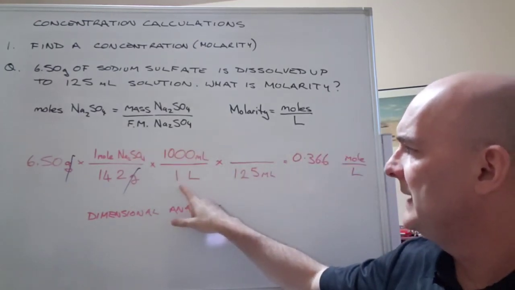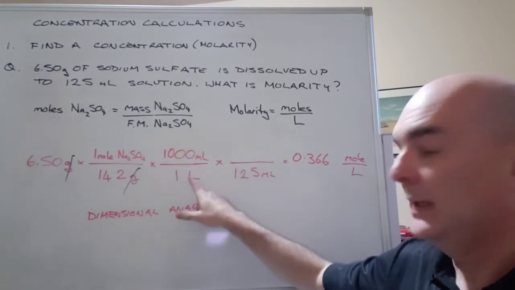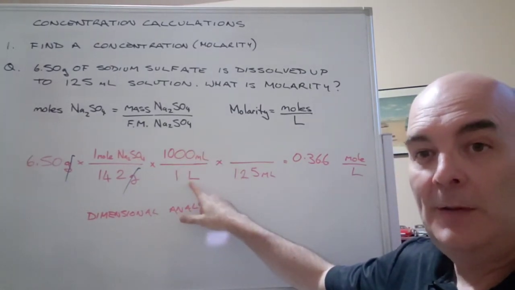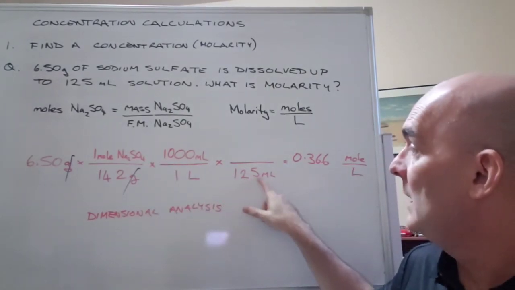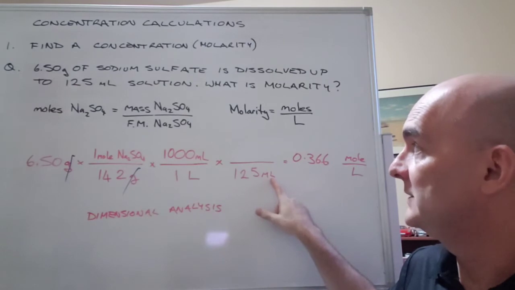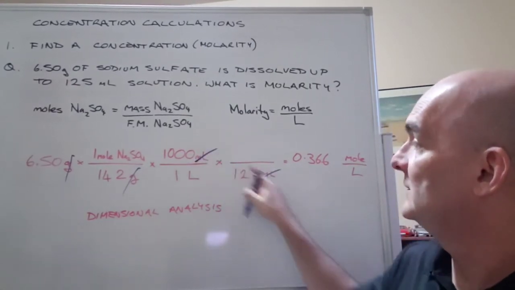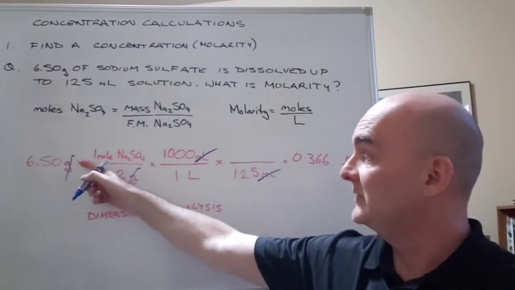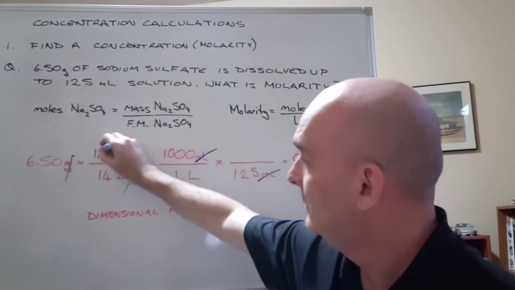I know that 1 litre is 1,000 millilitres, so my litres are here in my numerator, and my question gave me 125 millilitres as a volume. So now those millilitres have cancelled, and my answer is in moles per litre.